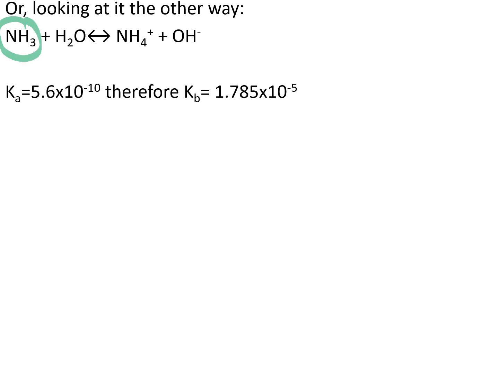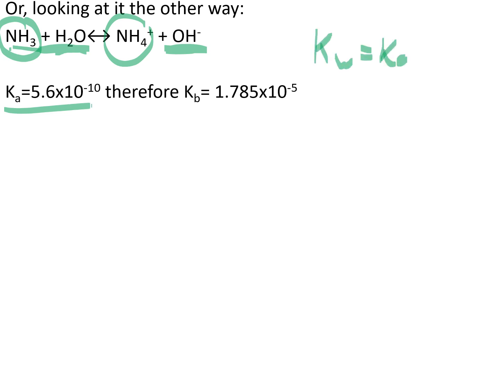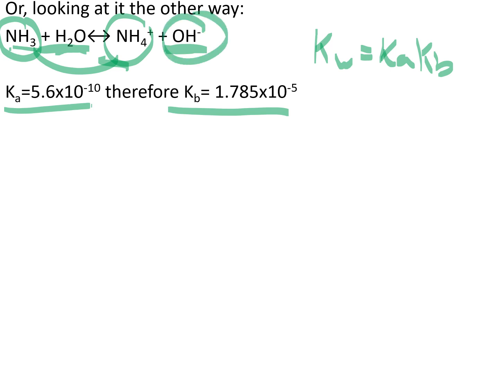The base, we could think of it as acting on water, in which case we've got our ammonium, and it would be producing hydroxide in that case. So using the Ka, again, these are conjugate partners, so we're allowed to do this, and solve for our Kb. So the Kb of the ammonia moving from left to right in this particular equation, producing hydroxides, would be 1.785 times 10 to the negative 5.